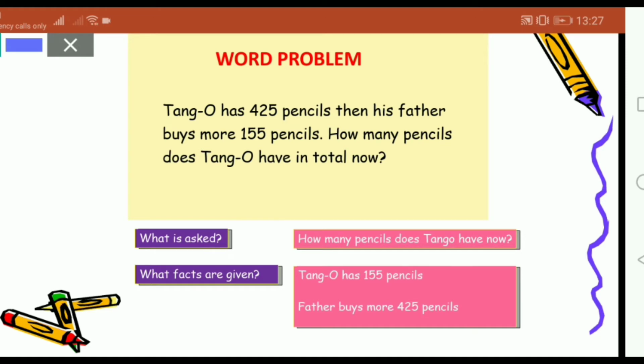Tang O has 425 pencils. Then his father buys 155 more pencils. How many pencils does Tang O have in total now? Again, let's read.